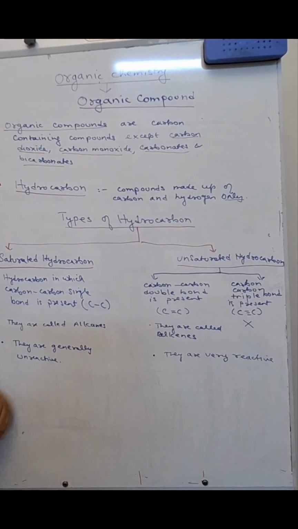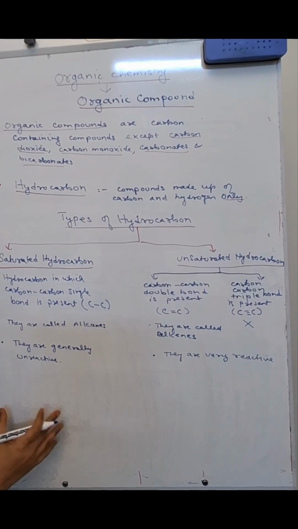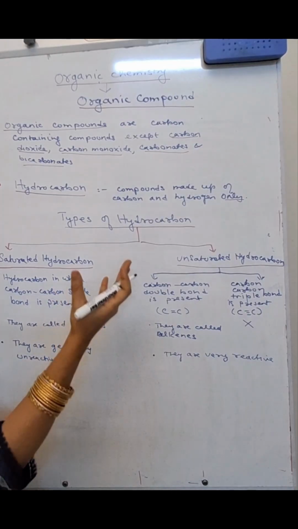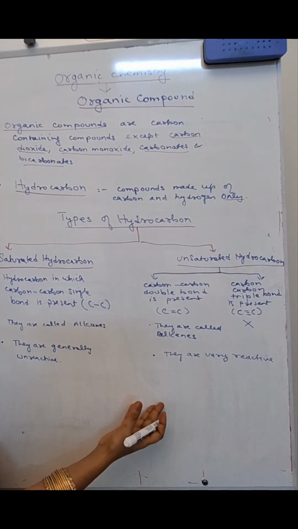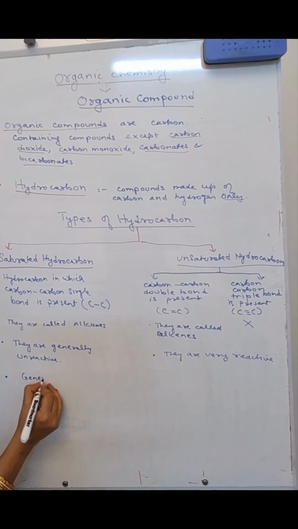Okay. Now, there are these saturated and unsaturated hydrocarbons. We need to know more about them. There are many saturated hydrocarbons and many unsaturated hydrocarbons like alkenes. So how will we identify them? We will identify them with the help of the general formula.